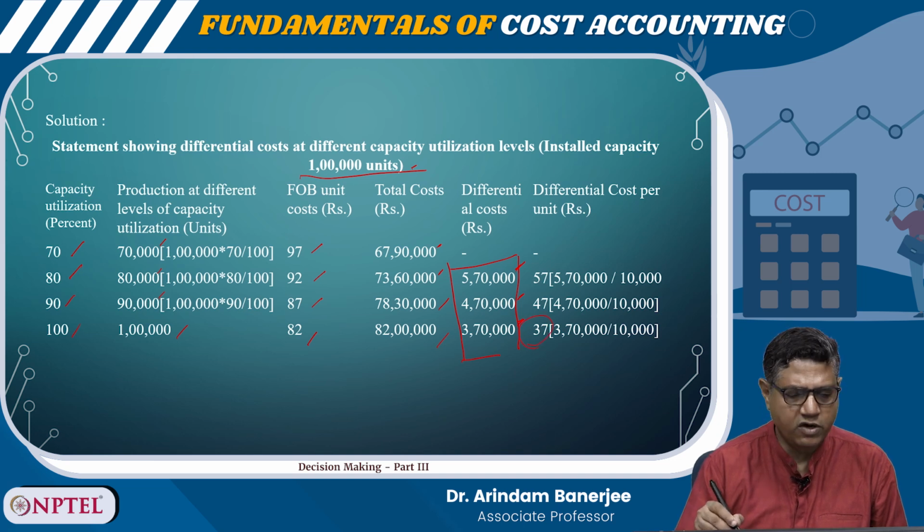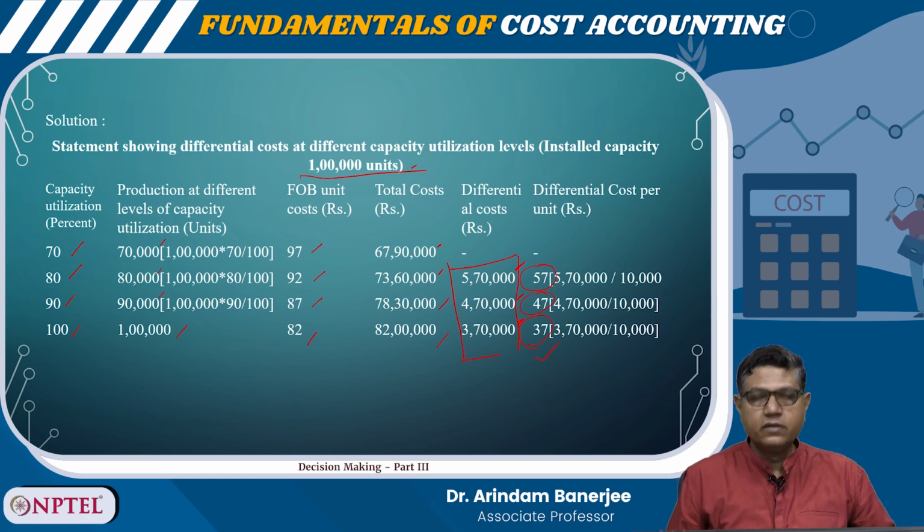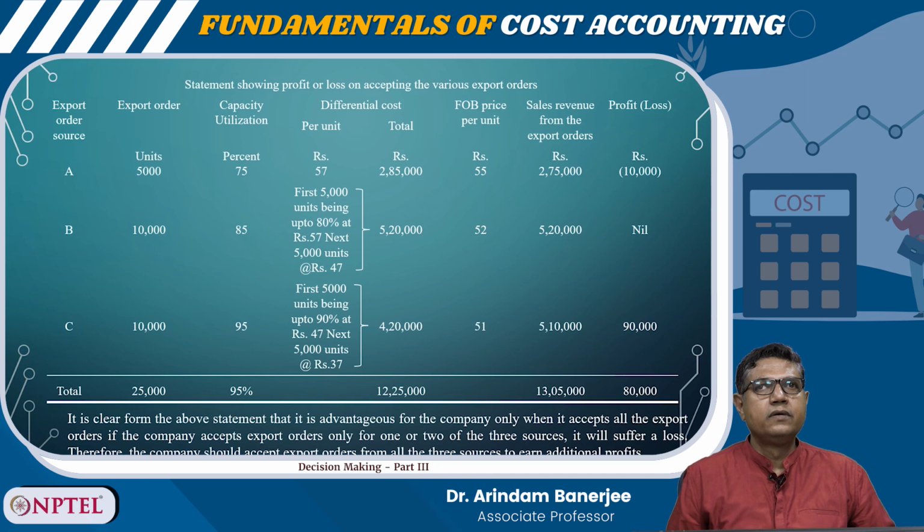So, my differential cost, you see, is 57 here, 47 here and 37 here, okay, right. Now let us look at the statement showing profit or loss on accepting the various export orders, right.